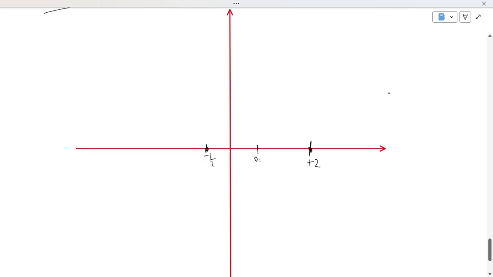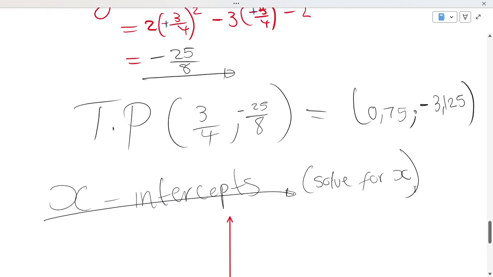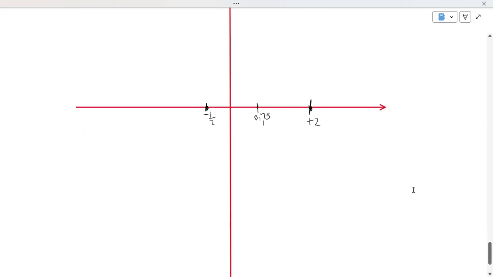This is 0.75, and your y value is negative 3.125. So here you have negative 1, negative 2, negative 3. Let's say it's going to be somewhere there. That's the turning point.